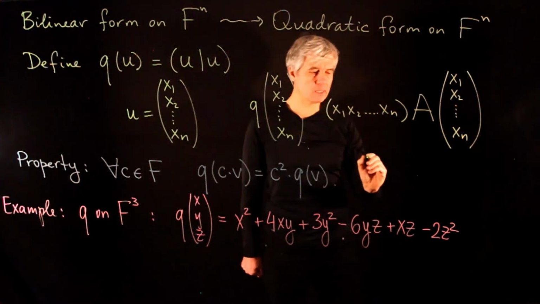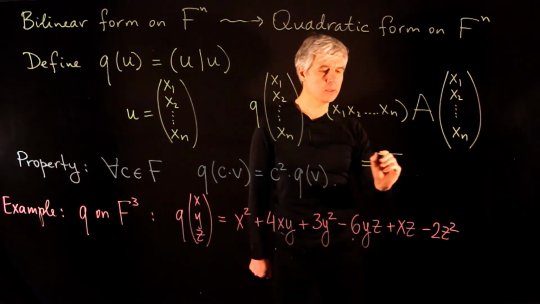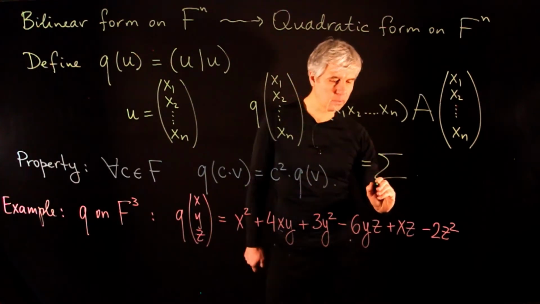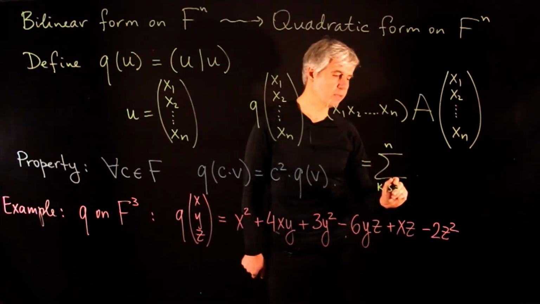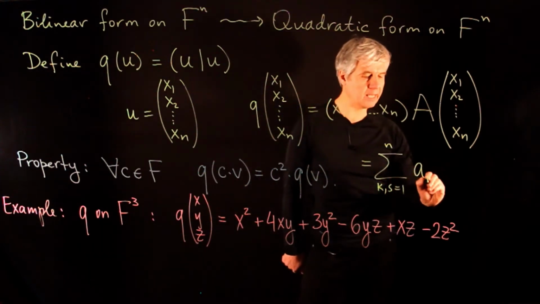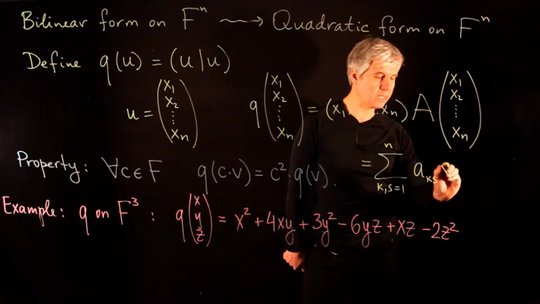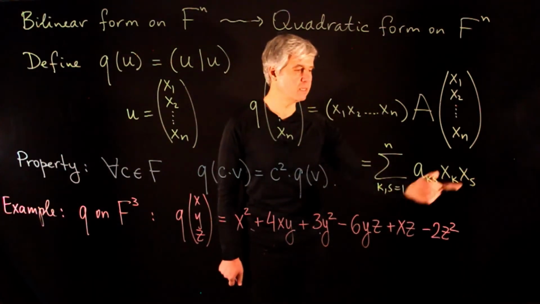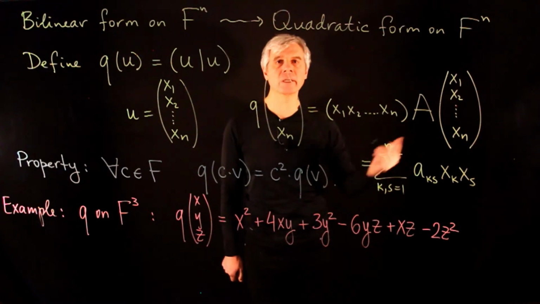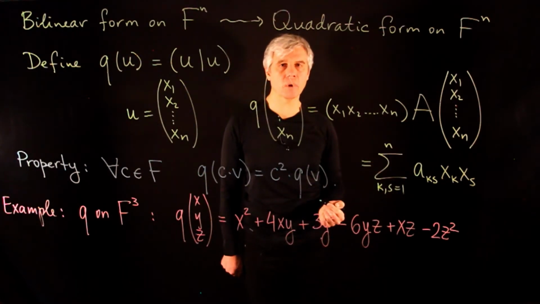Or this can be written as a sum where k and s go from 1 to n, of aks times xk times xs. And we see that indeed this expression gives us a quadratic form.